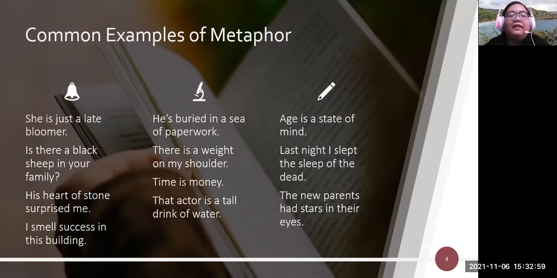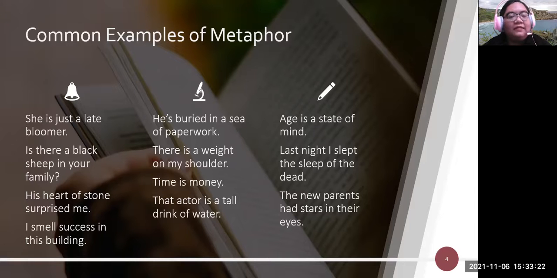Okay, so yeah, that's a metaphor. Another one is there is a weight on my shoulder. Okay, so you can imagine a weight on your shoulder, right? That image. But what does it mean really? It means you have a heavy burden on you. Yeah. Time is money, like the picture that I started with.